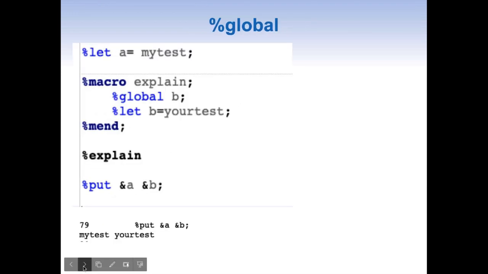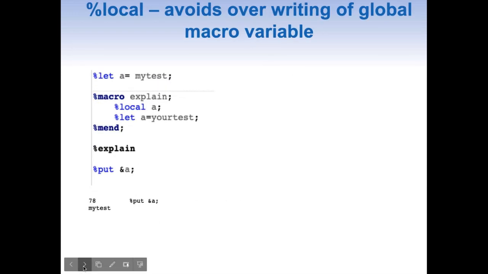So the way to avoid the conflict when you have the same macro variable is by using %local and the macro variable name in here, so that now we are kind of protecting our global macro variable.